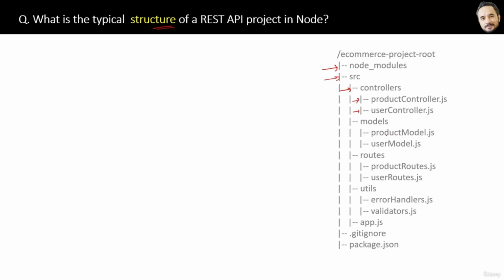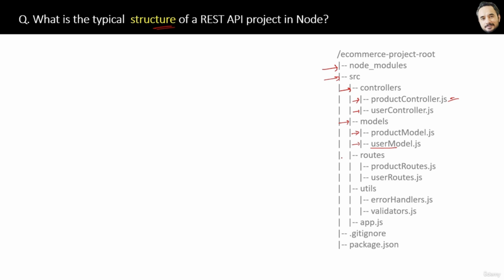For example, all product related methods, or what we call the endpoints of your e-commerce application, will be in the controllers only. Then we have the models, which is the folder where you will have the data models, or you can say the properties related to products, and then the users also.